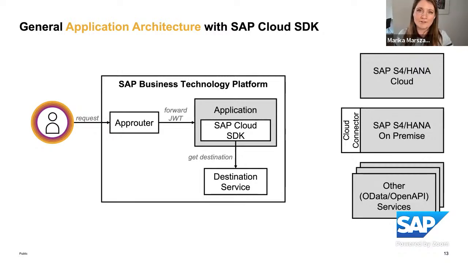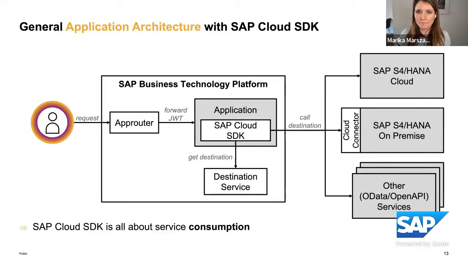Later on, we will see a very simplified example with a local Node server, but there you will see the same syntax that you would use to retrieve destinations from the destination service as well. What the SDK does in the background is calling those APIs from those services or systems. So basically, the SAP Cloud SDK is all about service consumption.